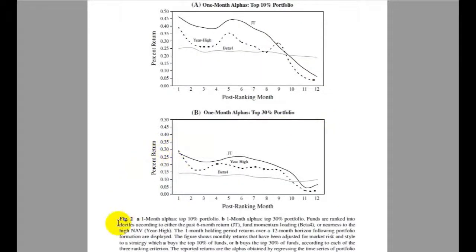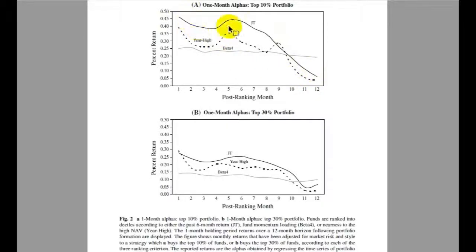And so next we have figure 2, and this figure basically summarizes in graphic form the prior two tables in the B section. So these are the alphas after regressing the returns of these strategies and hedging out the Fama-French three-factor model factors.